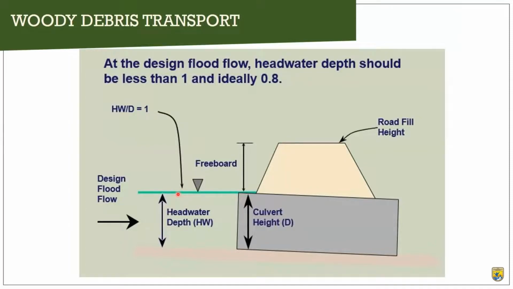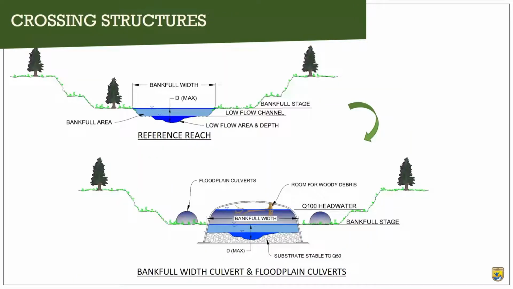So the headwater is going to get higher than what it's going to be in the floodplain, and we want our headwater depth ratio to be less than 1, ideally 0.8, so that we've got room for that woody debris to get through our structure. And I'm just going to page to this slide because I think this is a little more clear. You can see that there's some headspace at our 100-year flood flow and room for woody debris.